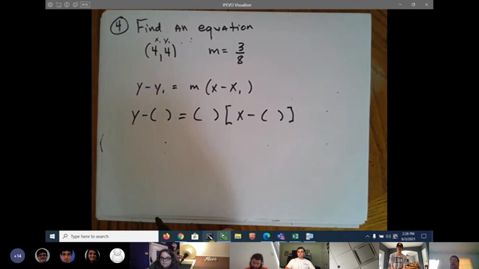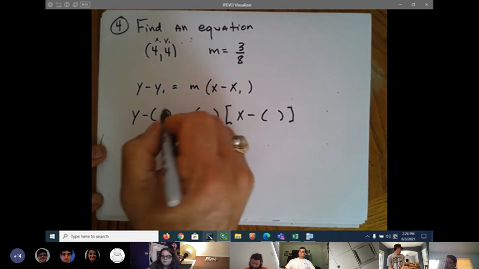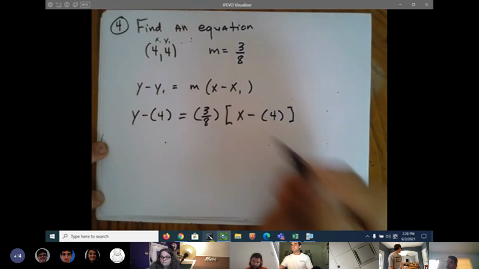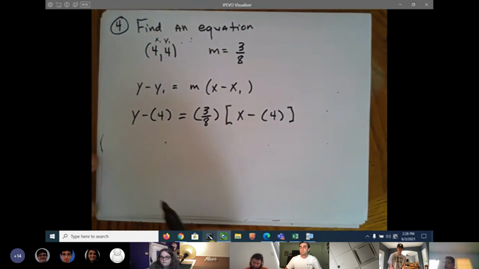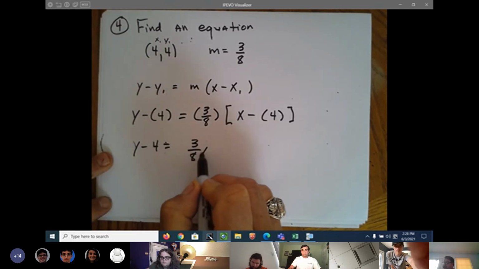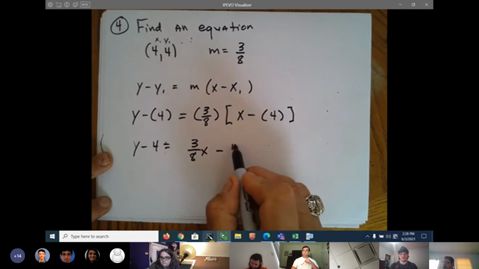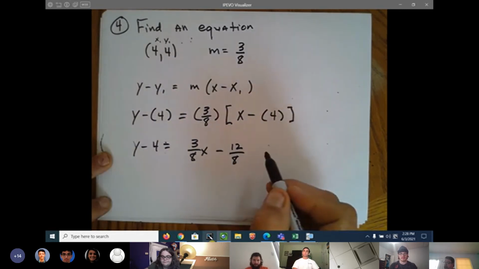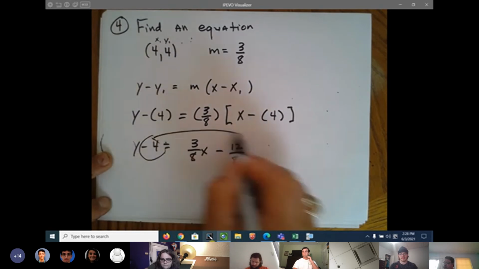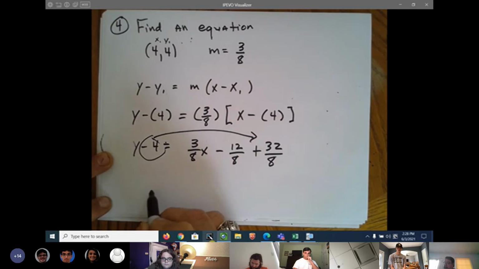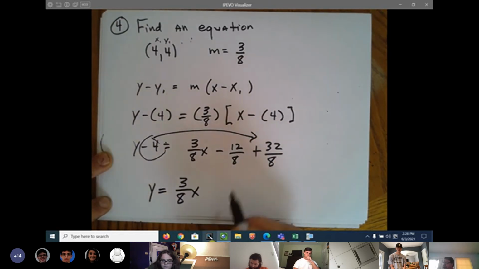So it might behoove you to use them. 4, 4, 3/8. So y minus 4 is equal to 3/8 x minus 12/8. Bring over 32/8. And I get y is equal to 3/8 x.